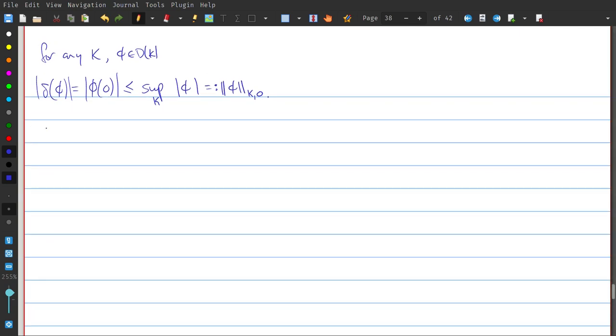A more typical example is if you have a distribution f of phi. So these are distributions that are coming from functions. We'll talk about them a little bit more.